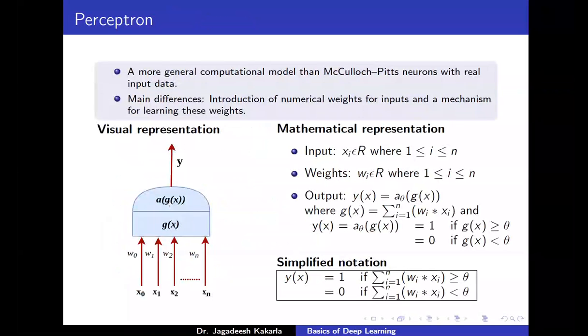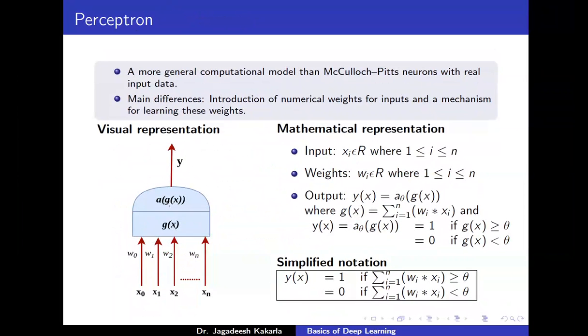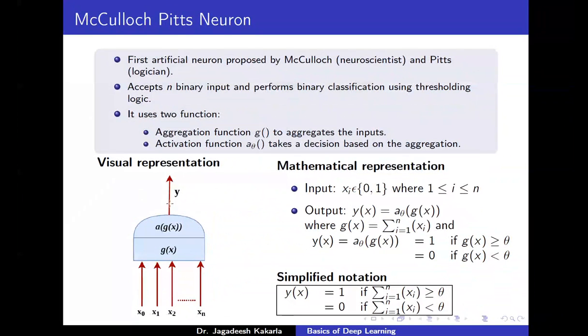Then people have gone for the perceptron. Now if you look at the difference between the MP neuron and the perceptron, here there are weights W0, W1, W2, Wn, but in the MP neuron there are no weights.